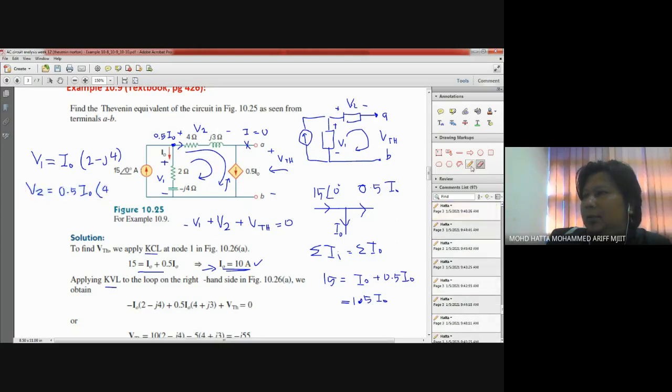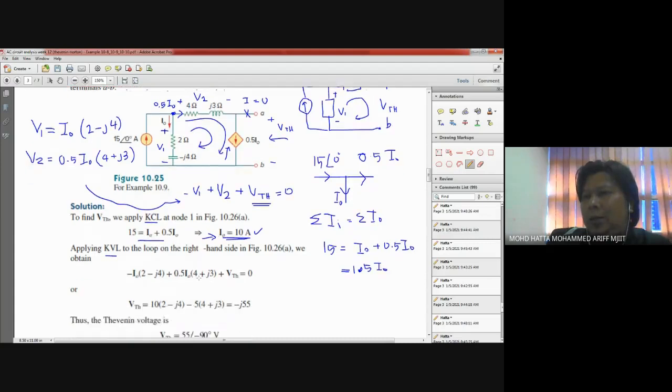Oops, we have a positive j3. Using these two definitions and putting them in this equation, you can easily get the value of VTH. That is what happened in the solution over here.